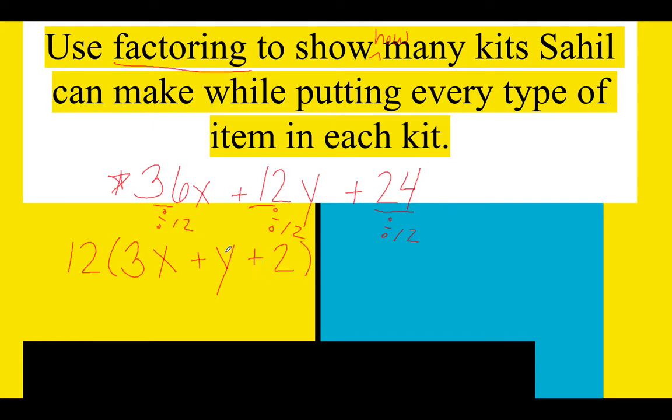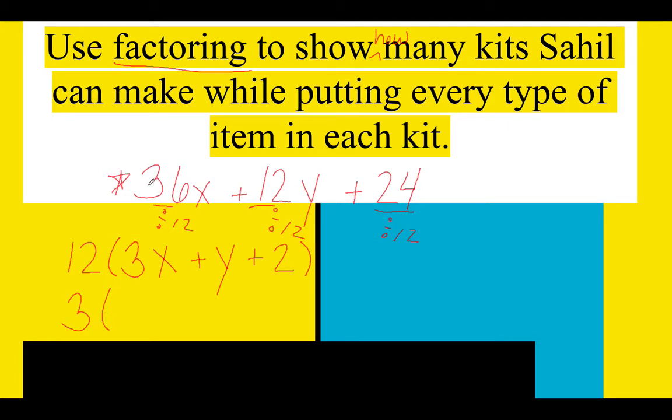But let's say she or he would like to, it doesn't have to make the most amount of kits. He wants to see all the different options. Well, another factor between 36, 12, and 24 is 3, right? So we could make 3 packs.